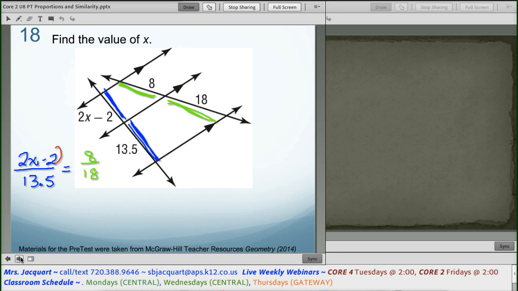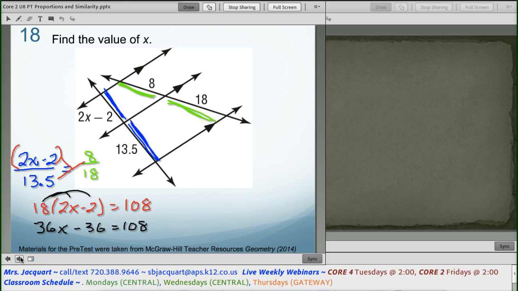I'm going to cross multiply. Enjoy those parentheses. Cross multiply, so I get 18 times 2x minus 2 equals 13.5 times 8. Distribute. So I get 36x minus 36 equals 108.